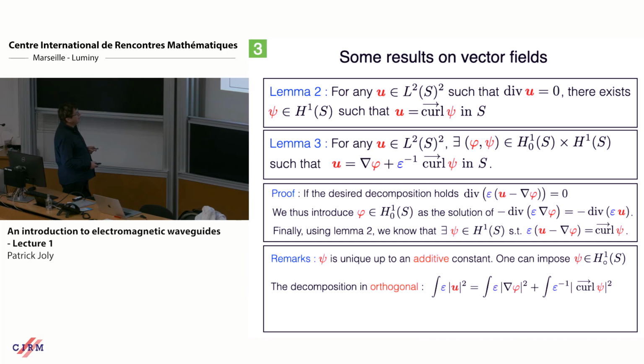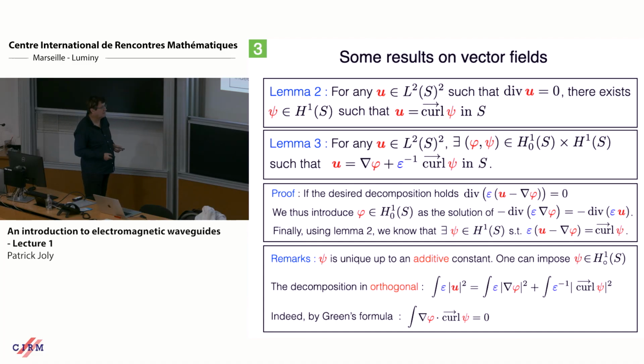And another remark is that the decomposition is in fact orthogonal for the weighted inner product. This is due to the fact that if you consider the cross product that would appear in taking the square of u, it is 0 by Green's formula. Curl and grad are automatically orthogonal.